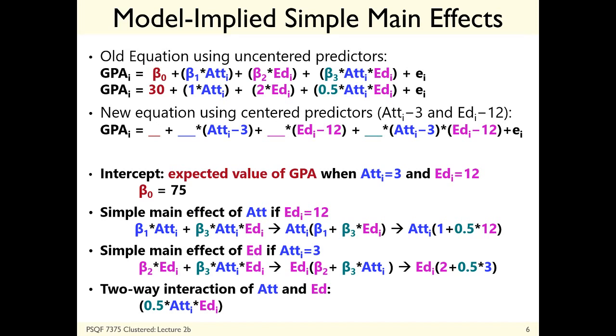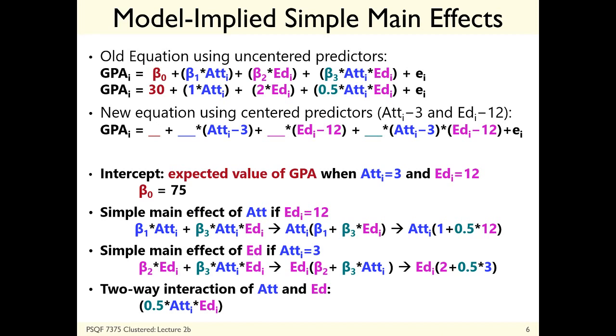So what is it going to become? Half times 12, that's 6, right? I don't usually do math in front of you. I'm going out on a limb here. 6 plus 1, 7. That's my new beta 1.